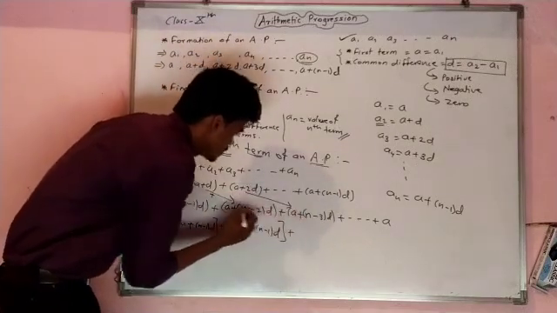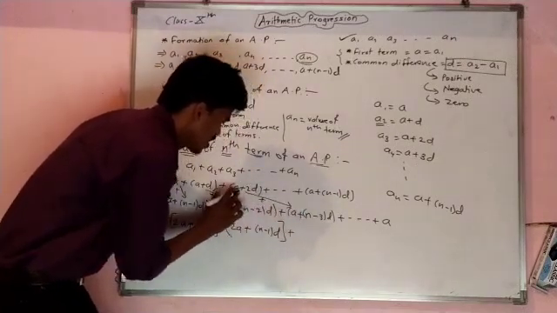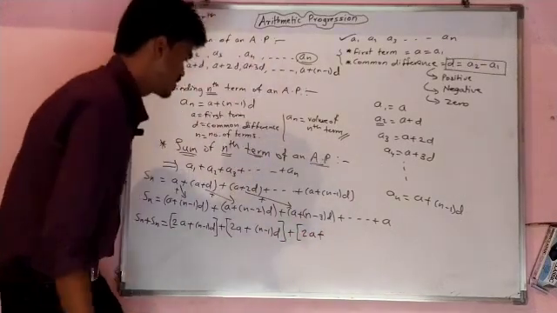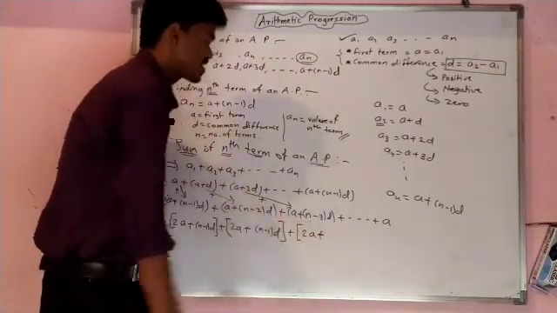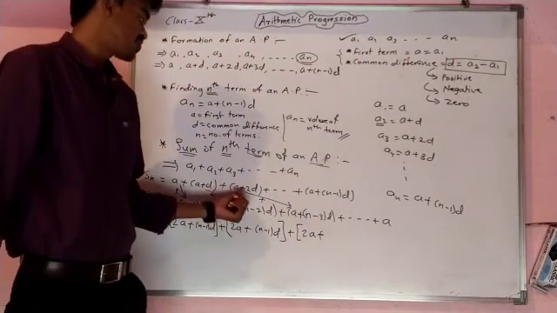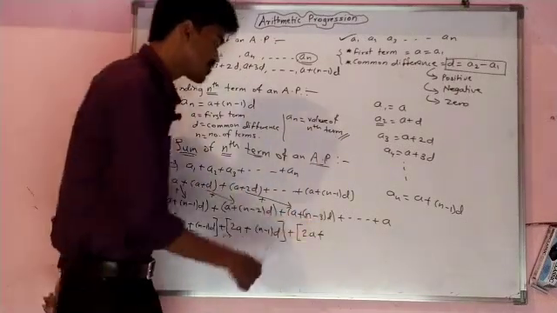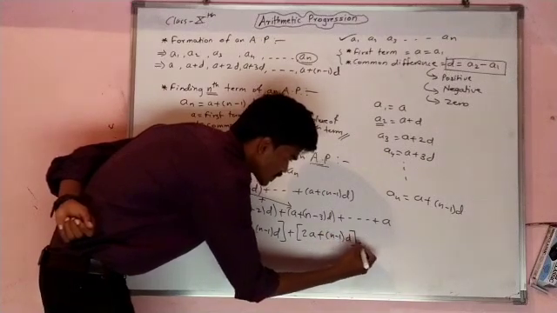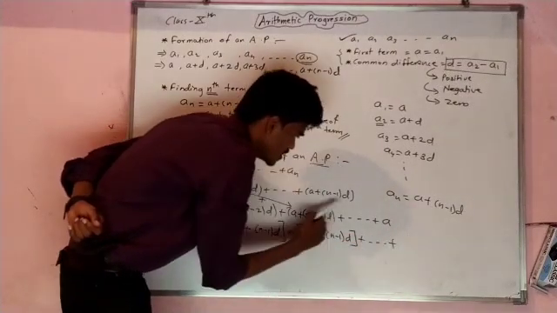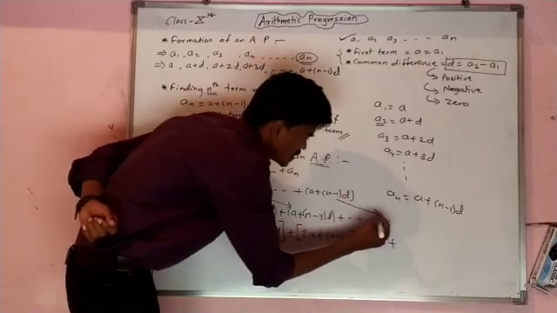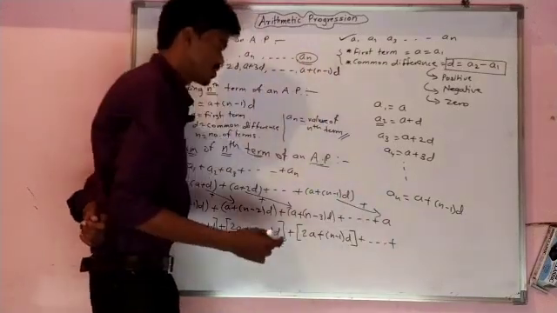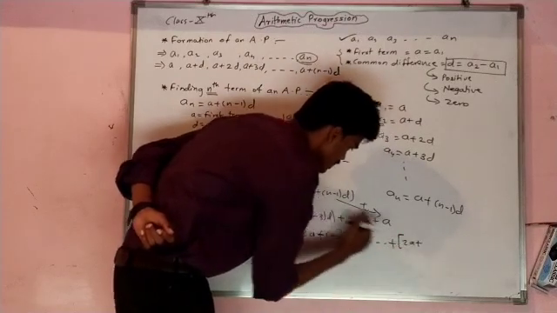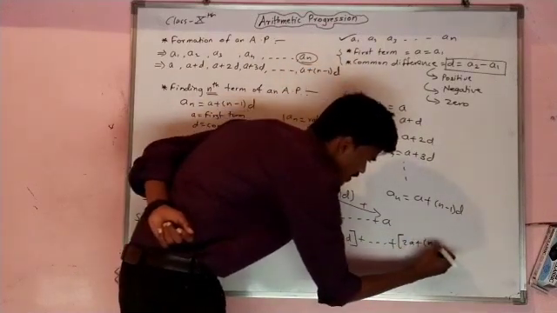Again this term with this term: a and a, 2a, plus 2d and n minus 3 into d, which again becomes n minus 1 into d. And so on to the last term: a and a, 2a plus n minus 1 into d.